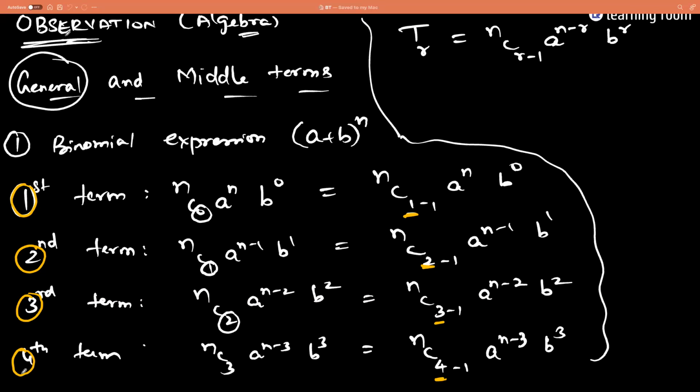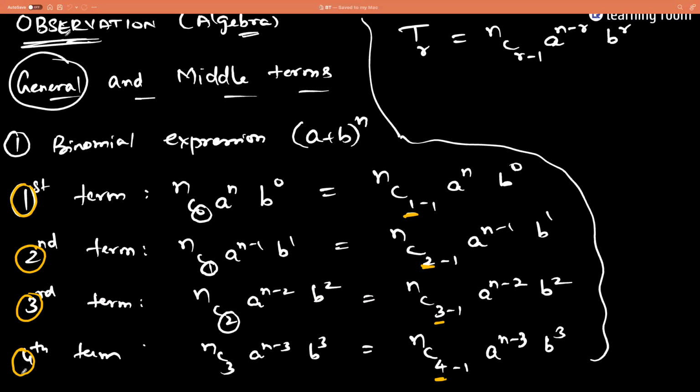Let me see how good your observation is. Hey, are people still searching or sleeping there? Look at the numbers. Sir, it should be b power r minus 1. B power r minus 1.